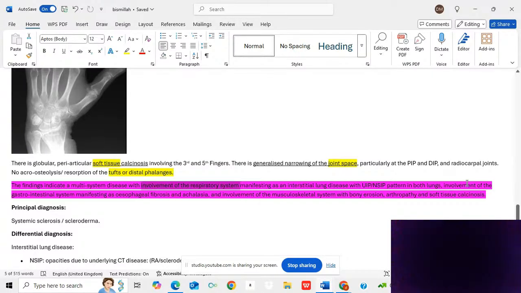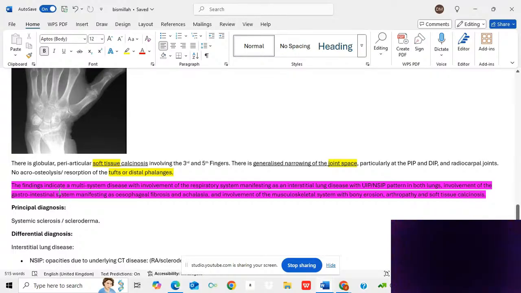Number 2, involvement of the gastrointestinal system, manifesting as esophageal fibrosis and achalasia. Number 3, involvement of the musculoskeletal system with bony erosions, arthropathy, and soft tissue calcinosis.